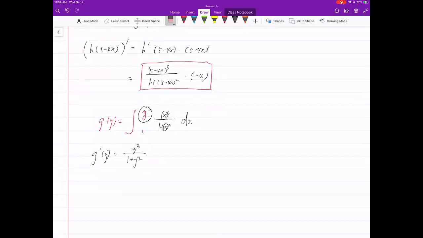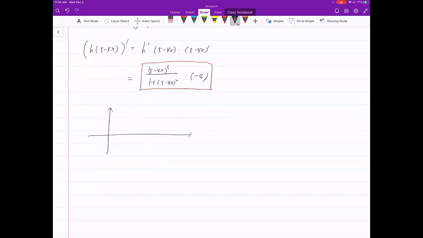What it's trying to say is, if you have accumulation, then as x is changing, the rate of change will equal this one here. That's what we're trying to say. Sweet.